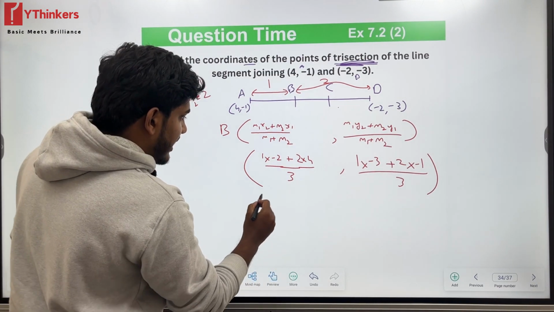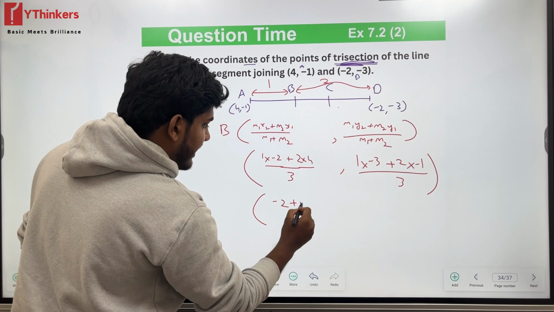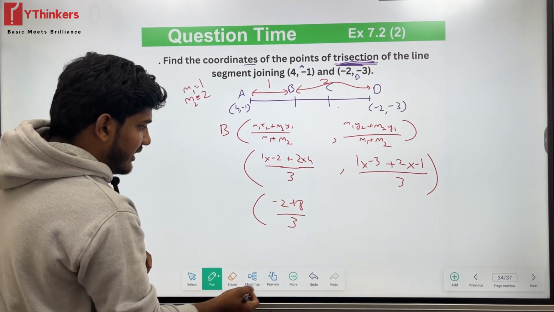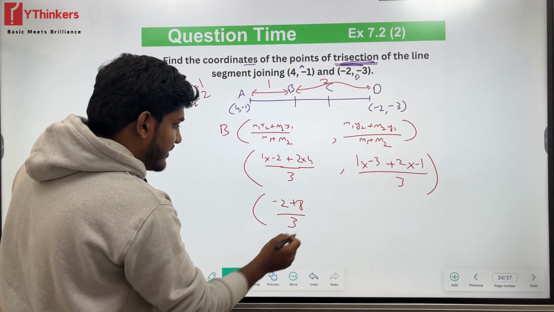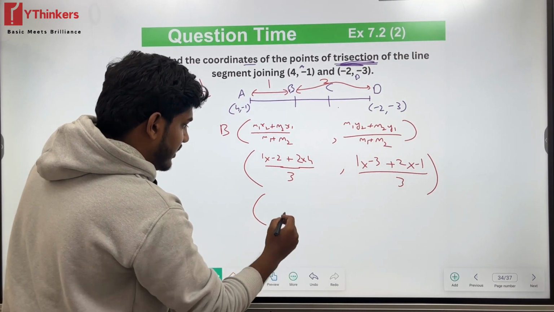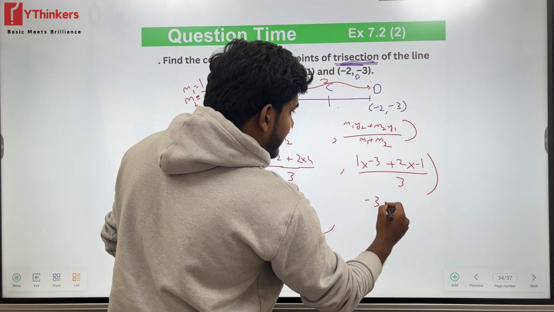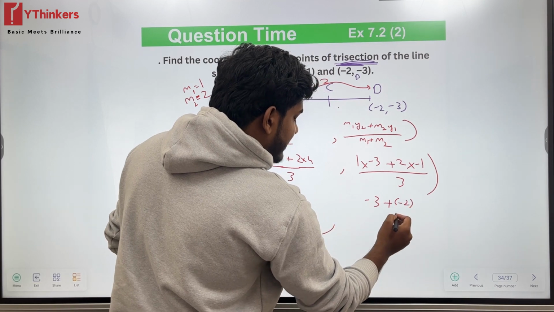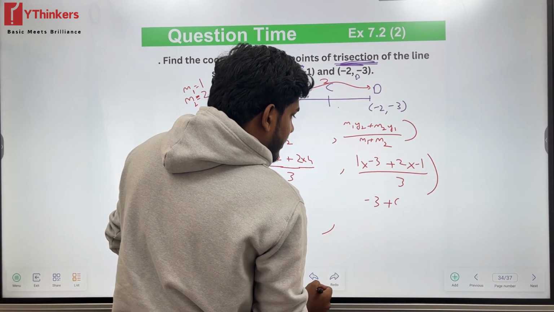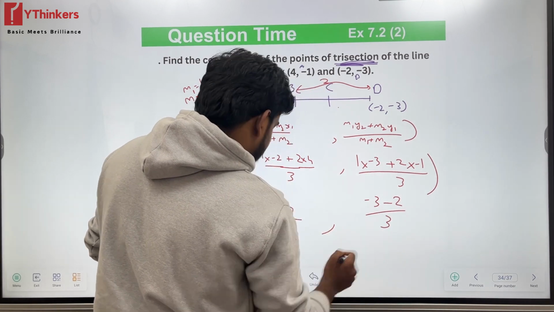Okay, so now what happens? This is 1 into minus 2 plus 8, divided by 3. It will come 6 by 3. No, it will come as 8 minus 2 is 6, 6 divided by 3 is 2. So this comes as 2. Here it will be 1 into minus 3 plus 2 into minus 1, minus 2, which is minus 3 minus 2 divided by 3, which is nothing but minus 5 by 3.